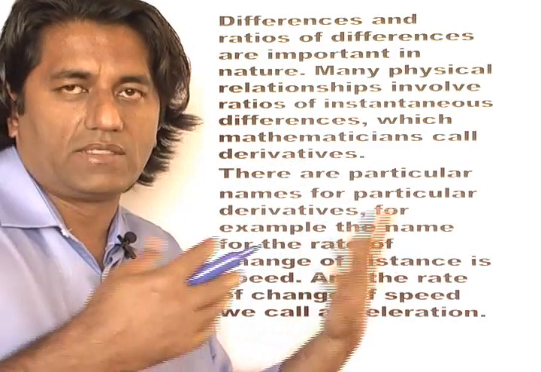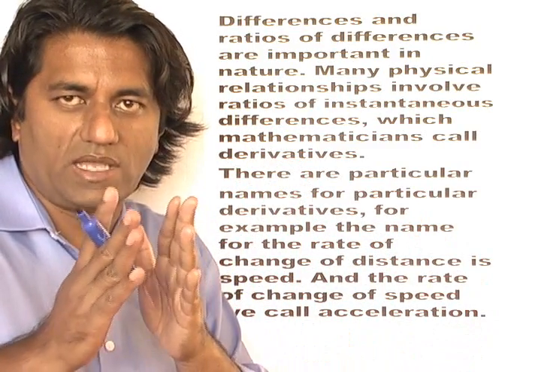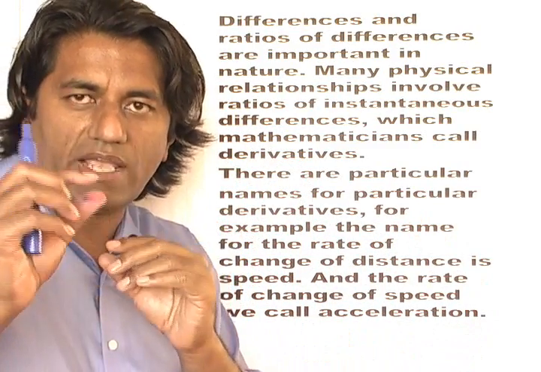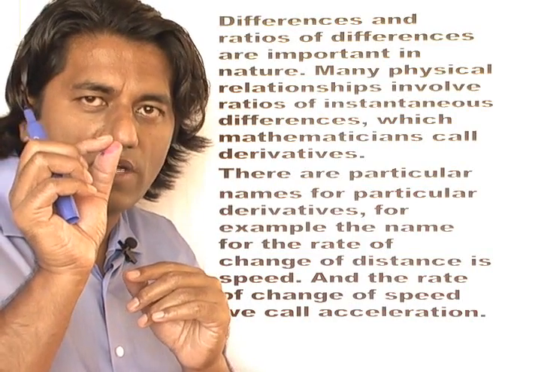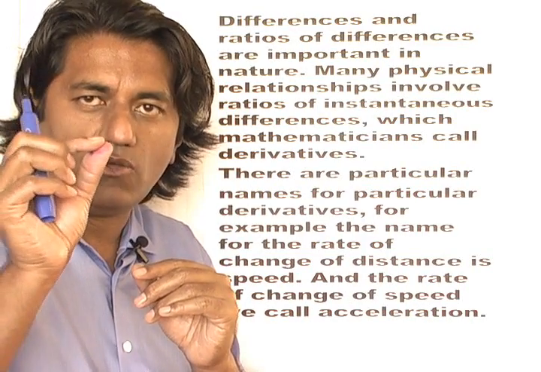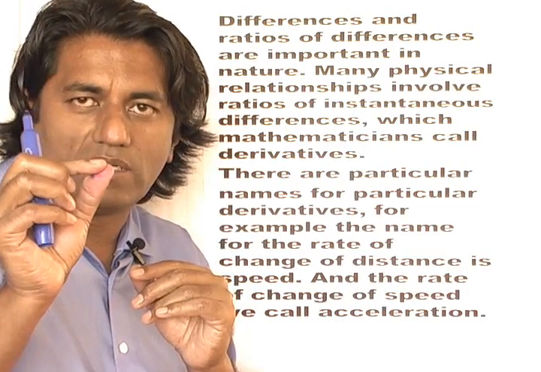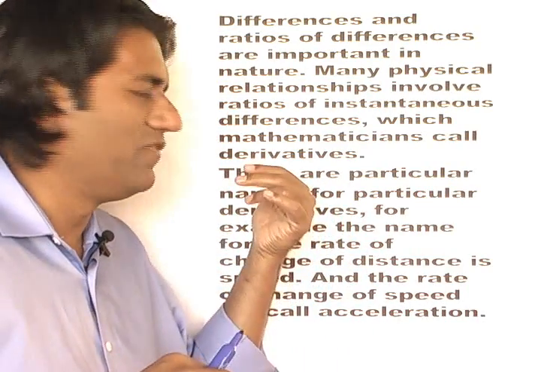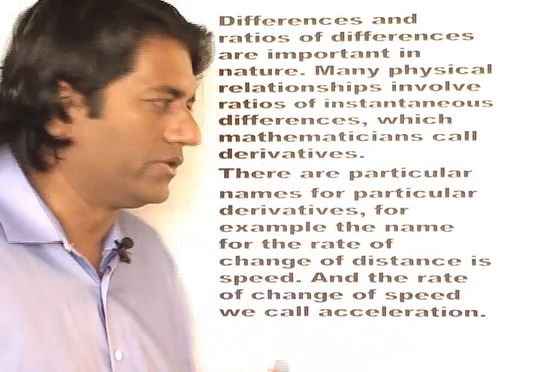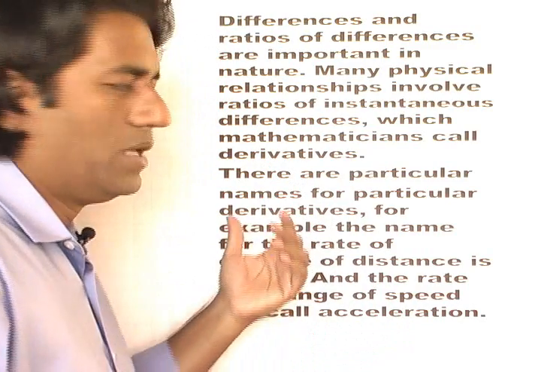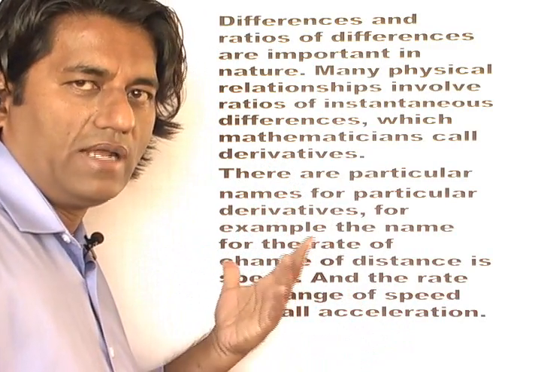And that's differential calculus. You have a function, and the ratio of the change in the value of the function to the change in the value of the independent variable is called the derivative, and that's differential calculus. Now there are particular names for different derivatives.